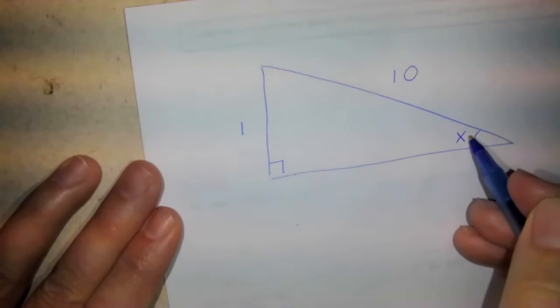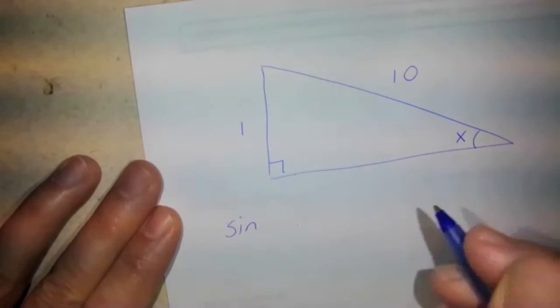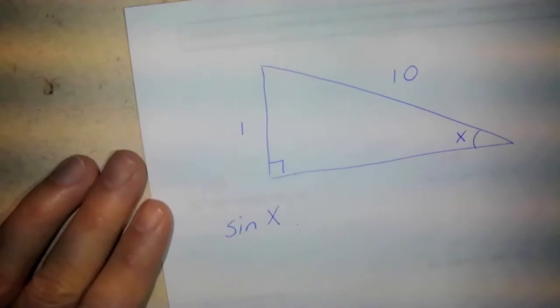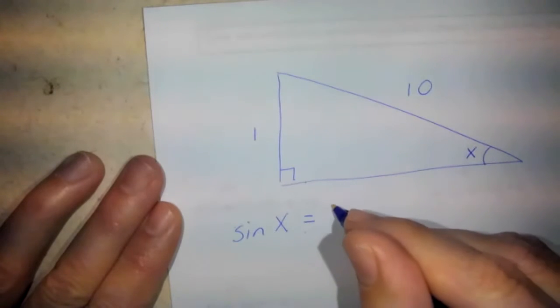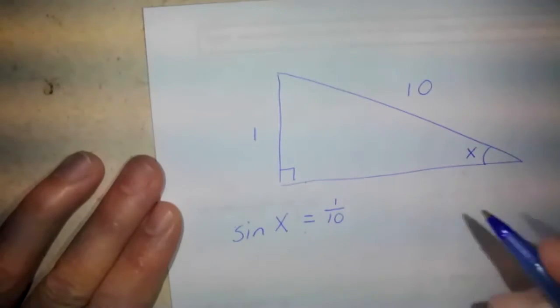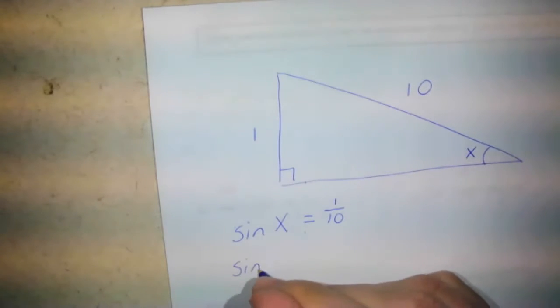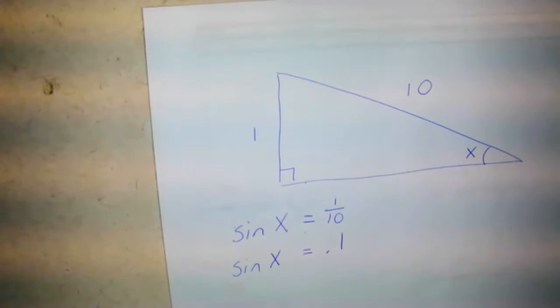I could say, oh, I know the opposite and the hypotenuse. So the sine of x will be, and when you take the sine, cosine, or tangent of an angle, you get a ratio of sides, which is 1/10. Of course, I picked those numbers because I can convert that easily into a decimal. So sine of x is equal to 0.1.